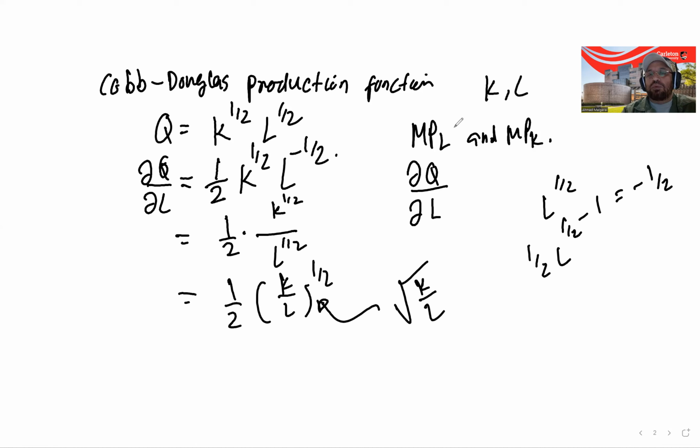We calculated the marginal product of labor. And now we are going to compute the marginal product of capital. I have Q equal to K to the power of 1/2, L to the power of 1/2.